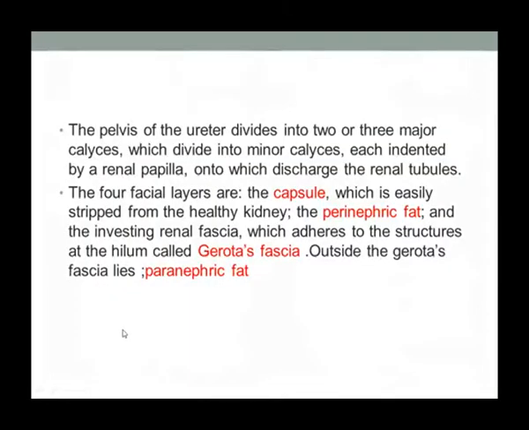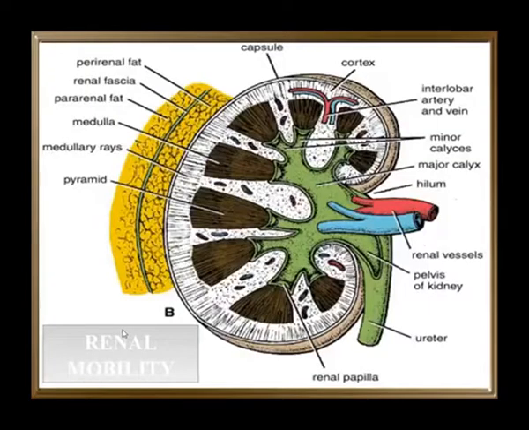And regarding covering, there are four layers: the capsule, the perinephric fat, Gerota's fascia, and the paranephric fat. Better outline here. You can see that this is cortex and this is medulla. Cortex and medulla are insinuating between each other.